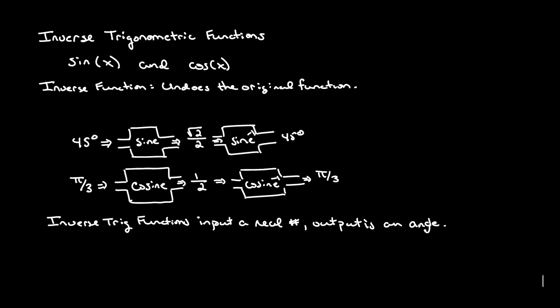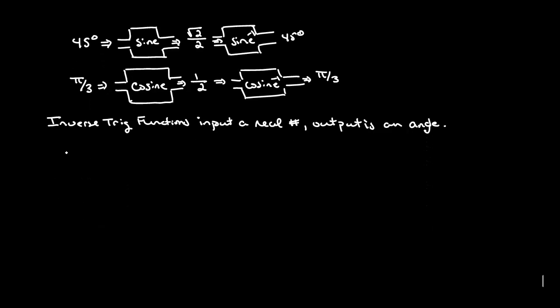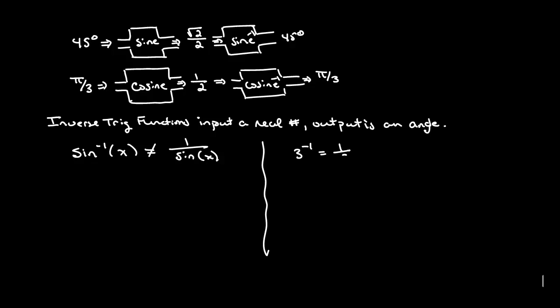So notation for this. Well, the function that undoes the sine function is denoted by this little negative 1 up top. Now what it does not mean is 1 over the sine. You're used to seeing that. For example, with real numbers, you're used to seeing 3 to the negative 1. Well, that's equal to 1 over 3.